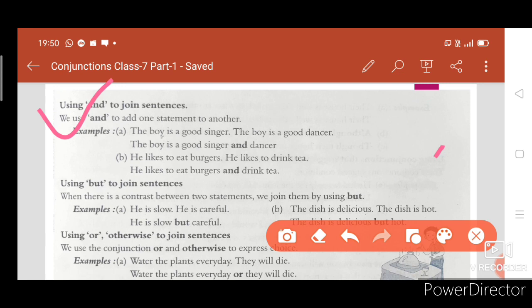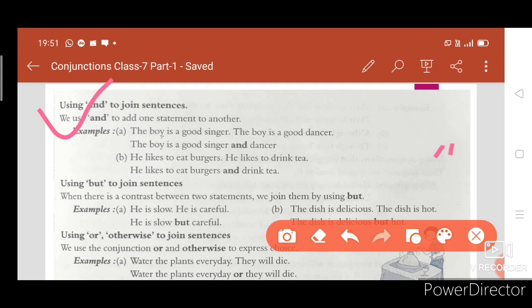Using but to join sentences. There is a contrast between two statements. When we have to add contrast to statements, we use the conjunction but. He is slow, he is careful. He is slow, this is a negative point. He is careful, this is a positive point.